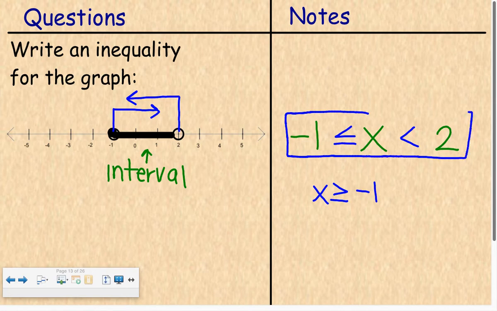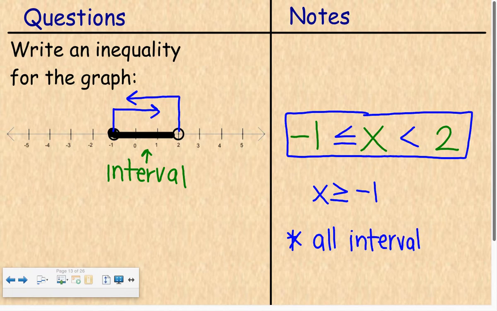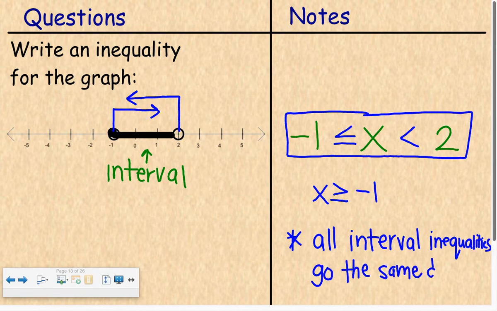Remember that for an interval, all interval inequalities go the same direction.